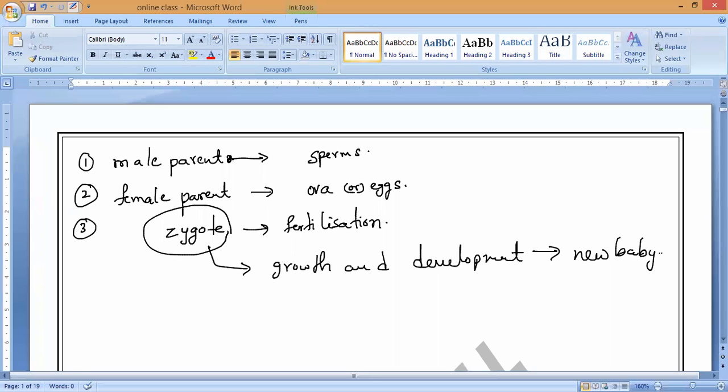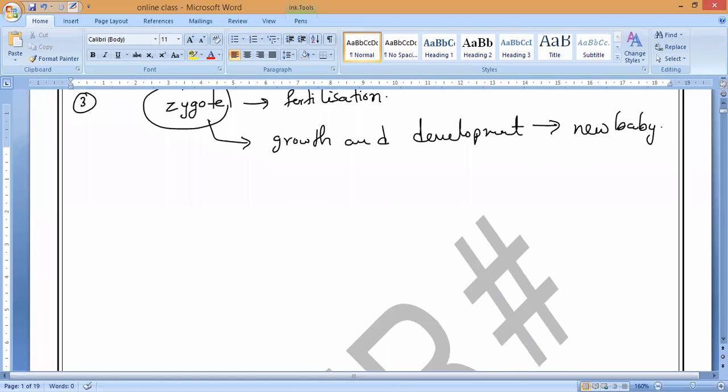To bring together sperms and eggs for fertilization, and for the growth and development of the zygote into a baby, we have to study that the human reproductive system becomes active at a certain period, which we call the puberty period. At every age, the production of eggs and sperms is not possible. If you want to study the human reproductive system individually, we have different reproductive systems for producing sperms and eggs.